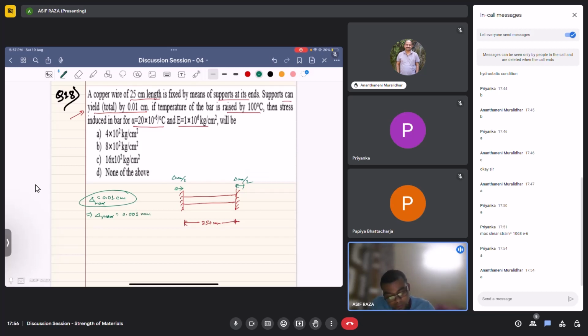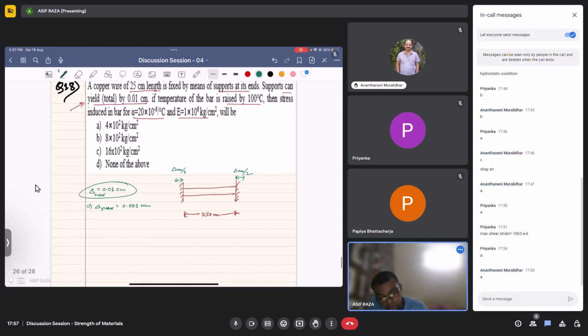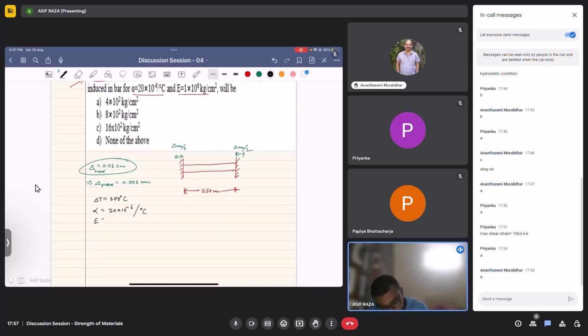If the temperature of the bar is raised by 100 degrees Celsius, then the stress induced in the bar is, so delta T is 100 degrees Celsius. We are given alpha as 20 into 10 to the minus 6 per degree Celsius, and E is 1 into 10 to the minus 6 kg per centimeter square.